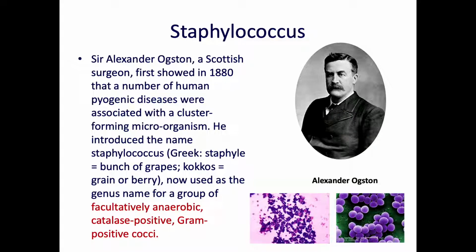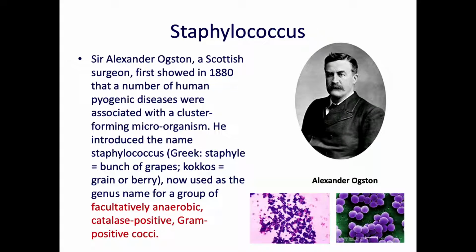This means that pus was developed due to these infections. He was the one who introduced the name Staphylococcus. This name comes from Greek, staphyle, which means bunch of grapes, and coccus, which means grain or berry.